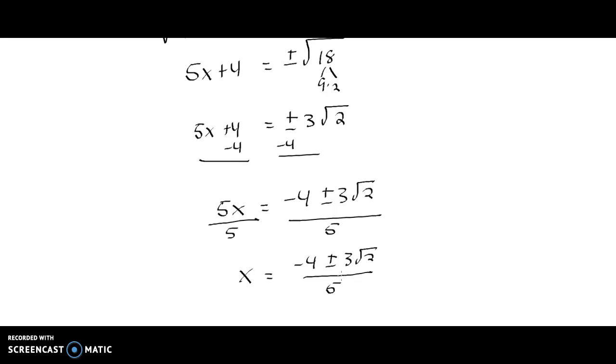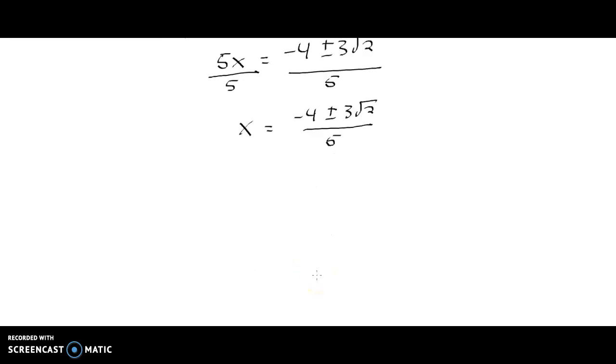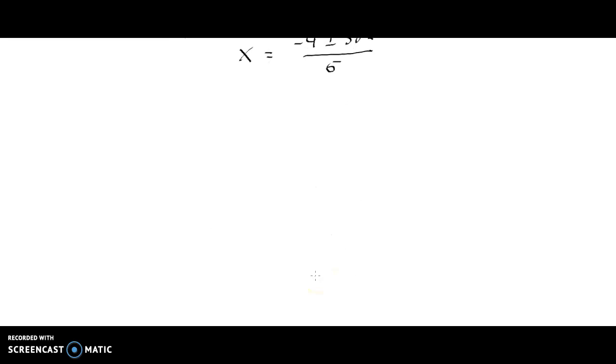You always want to make sure that if you're doing this root, then you have everything on one side such that you can take that square root. So let's take another look at another problem, shall we? Let's just say we take 3d squared plus 14 is equal to 41.